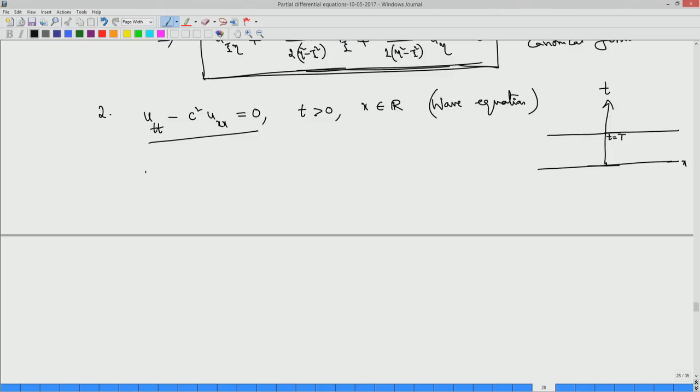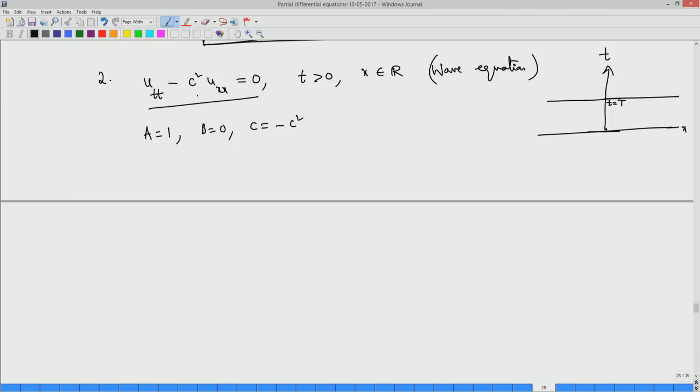If you consider here a equal to 1, b is 0, c is minus c square. Physically, c is the wave speed, and u is the amplitude of the wave.